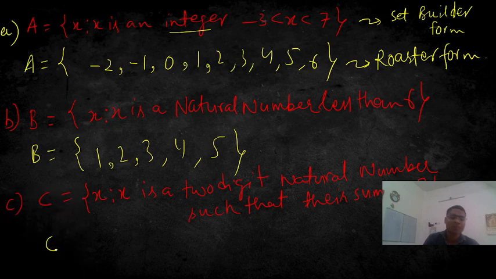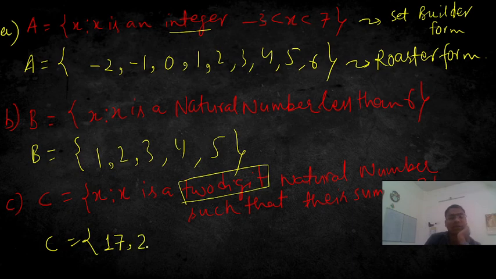So what is the answer? You'll have to think about the combination of the two-digit numbers. Their sum is 8. So I'm starting with 1. If I write 1, to make this 8, I will have to write 7. So it makes 17. If I write 2, to make 8, I will write 6. 26.